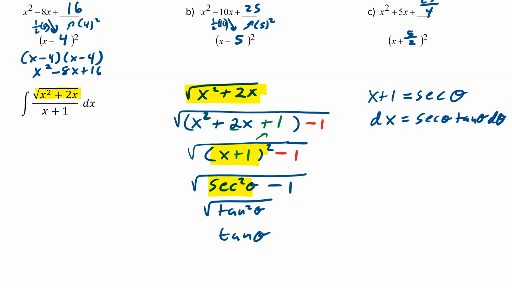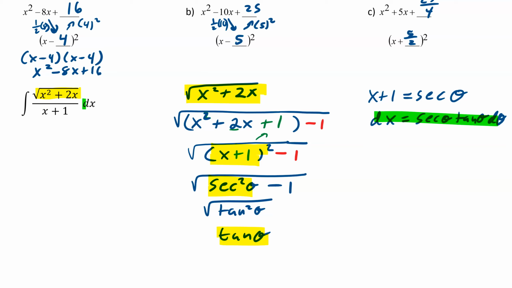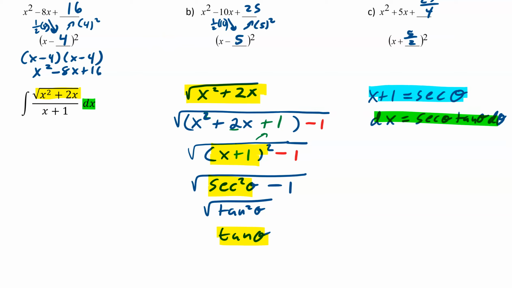So this guy is tangent theta. Our dx is secant theta tangent theta, and we'll do blue. And then our x plus 1 is going to give us secant theta. So plugging all that in, we get tan theta over secant theta, and then we get secant theta tan theta d theta, integral.